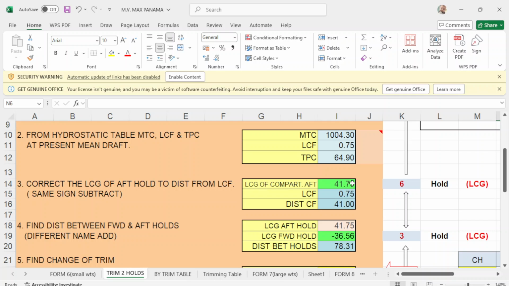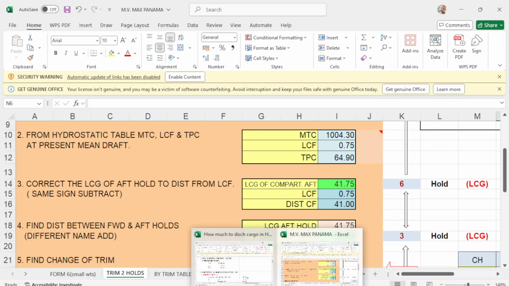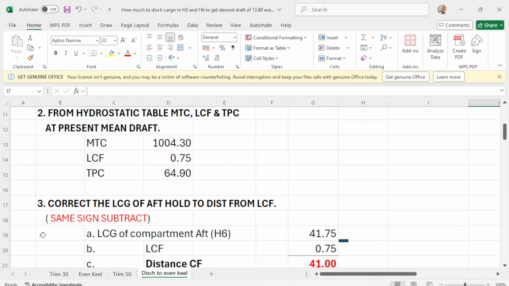They are all positive, so you subtract, then the value will be 41 meters. Okay, so here LCG is 41.75, LCF is 75.75, and your distance from LCF is 41 meters. I'm sorry, this is 41 meters.